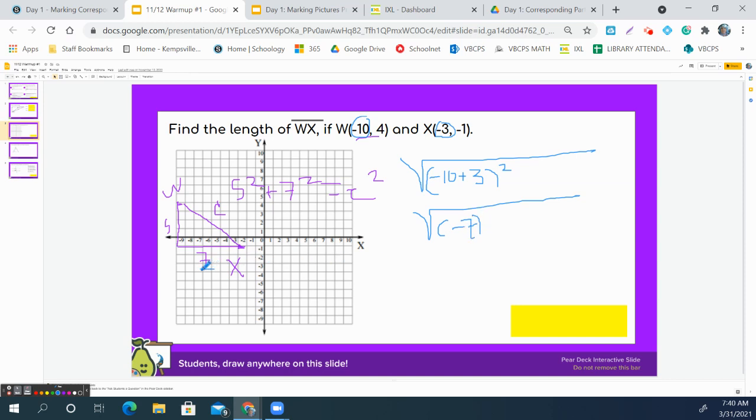Guys, that's my 7 right here. It's the same thing. And then we've got 4 and negative 1. This is where some people made some little arithmetic mistakes. 4 minus negative 1, that's 5. That's my 5 here. So 5 squared, 7 squared and 5 squared is 49 plus 25, which is, help me out, 49 plus 25. 74. Thank you.